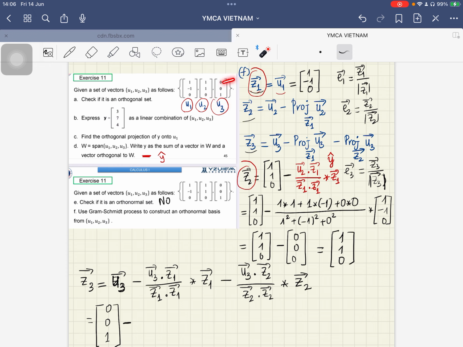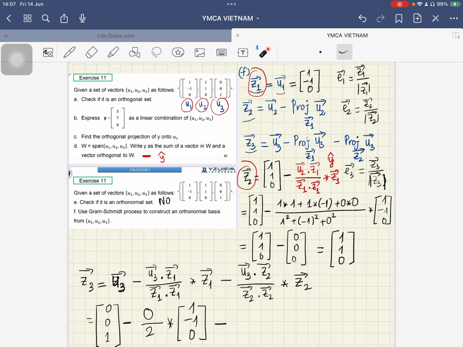So we have 0 multiplied by 1 plus 0 multiplied by -1 plus 1 multiplied by 0. So it's equal to 0. Divided by the dot product of Z1 and Z1, that is 2, right? Multiplied by Z1. Z1 is 1, -1, 0.